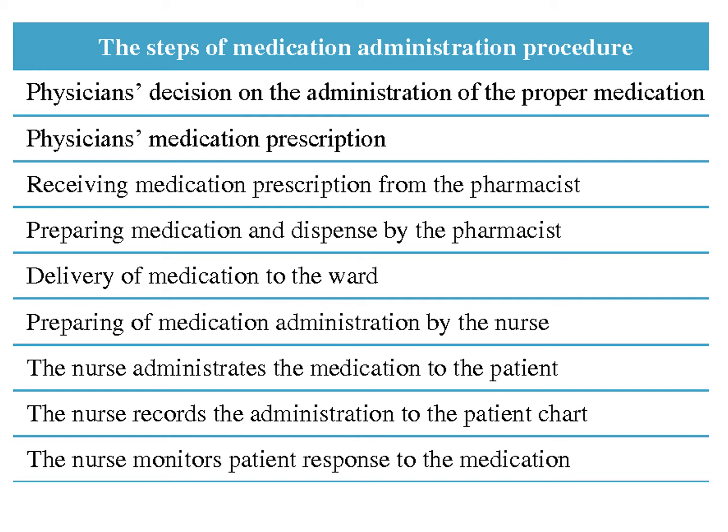Okay, so there's lots and lots of steps, and you can see many of these steps involve a nurse. So nurses have to be very aware of administering medications, how they're administering them, the correct dose, and also high-risk medications. Some of them require a double check by two nurses before it's administered.